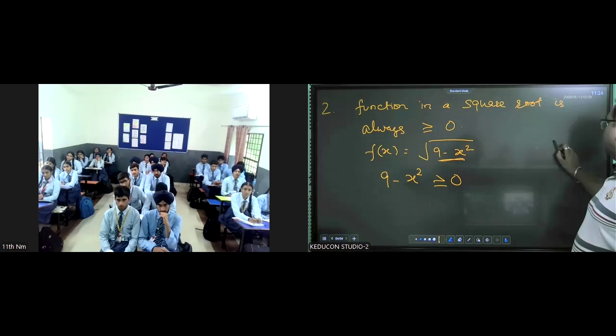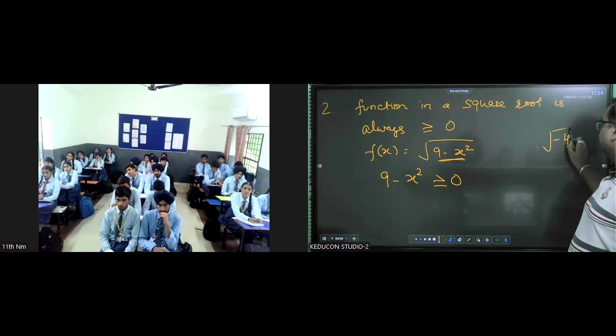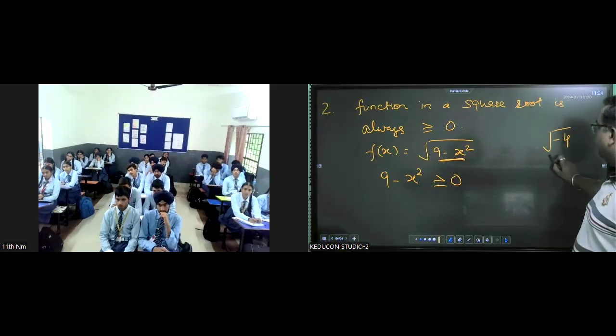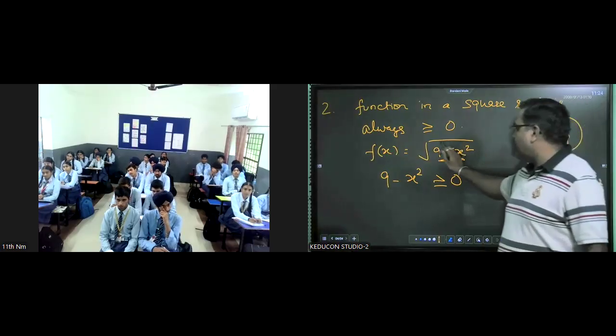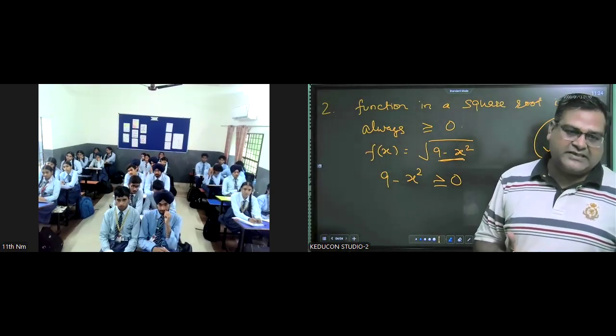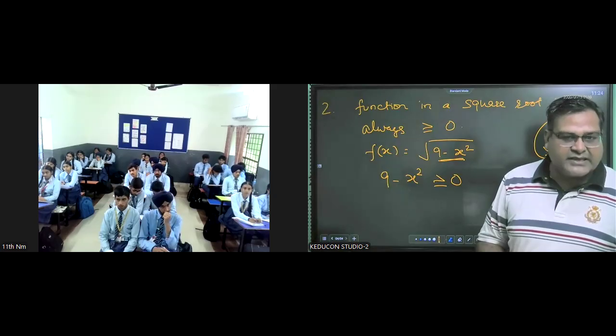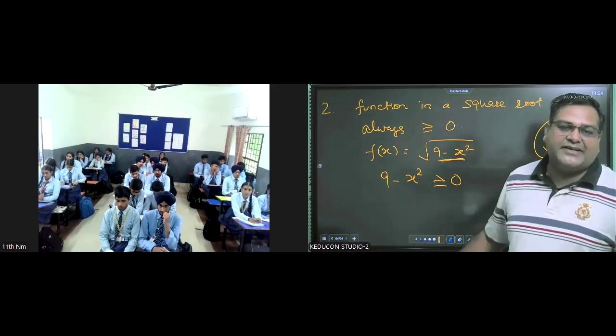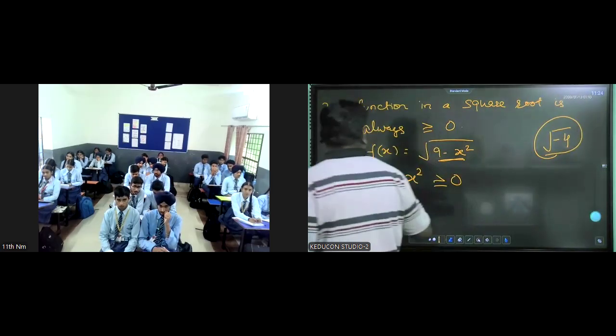If I say square root of minus 4, is it real? It's not real, na? So therefore, if the value of this whole thing is negative, that will become a complex number, not a real number. Is this clear? So this is the reason why it should be greater than equal to 0.